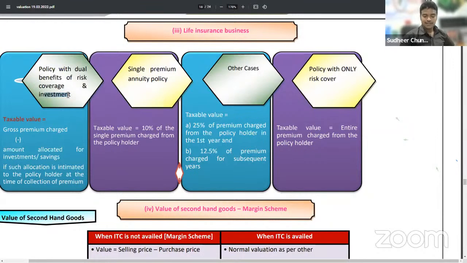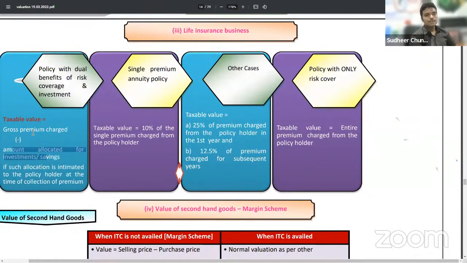For ULIP policies, gross premium charged minus amount allocated for savings. That means if I am paying 1 lakh premium, in which 80,000 they invest in mutual funds, those are called ULIP policies. So balance 20,000 only is the value of the service. On the 20,000, 18% GST will be charged.